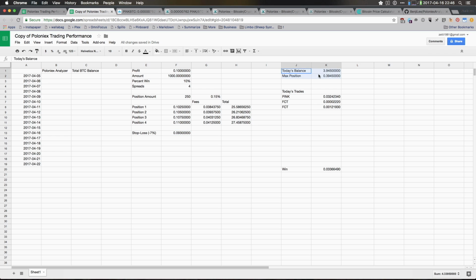On the far left and the top, I'm putting my today's balance, I called it. And the maximum position is always 1/10 of my total balance. So what this does is really simple. It basically tells me every day a new number that I can use on my trades.